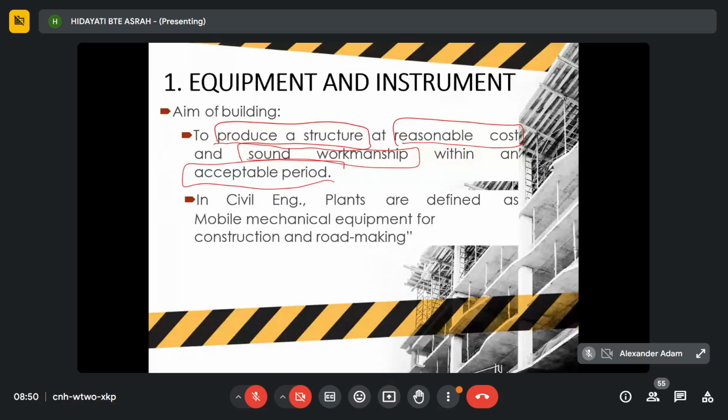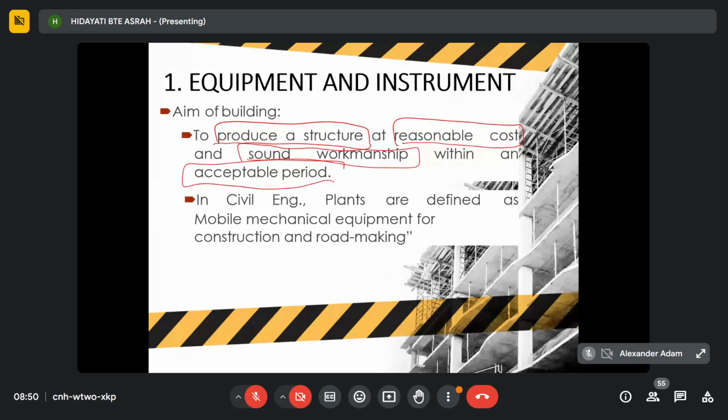And in civil, you need to plan each activity, select a suitable construction method, and plan for construction equipment and machinery, so that the building can be constructed within the acceptable period.